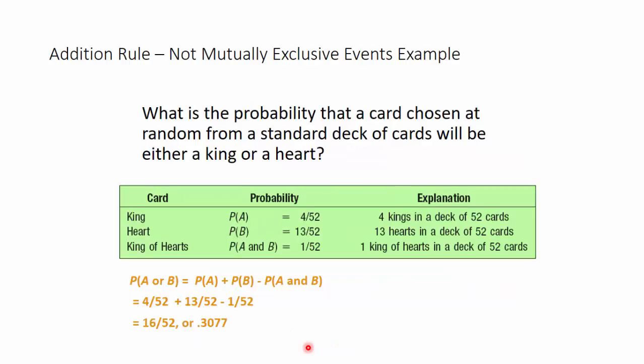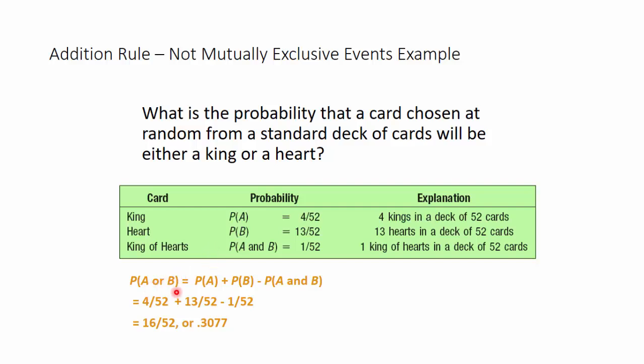It's 10%. Now when events are not mutually exclusive, let's take a small example, like the cards example. What's the probability of getting a king or a heart? So the probability of A is defined as getting a king. There are 4 kings of 52 cards, and for the probability of getting a heart, there are only 13 hearts in the deck of 52, so 13 of 52, and the king of hearts is only 1.